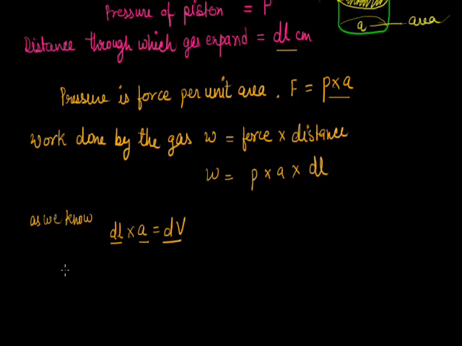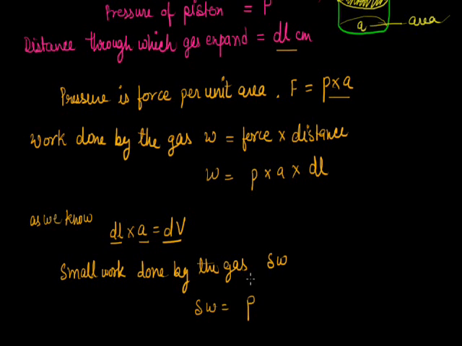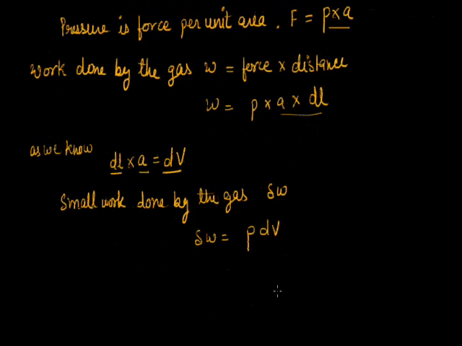If we calculate the small work done by the gas, it will be del W, where del is for the small work. So del W is equal to P into A into dl, and we put the value of A into dl, that will be the change in volume. So del W is equal to P dV.